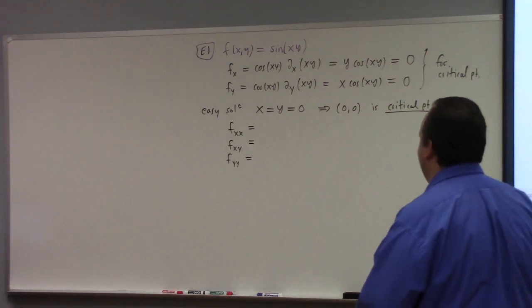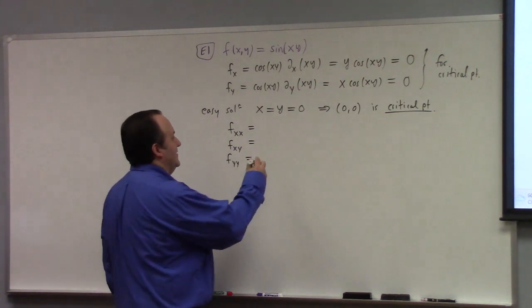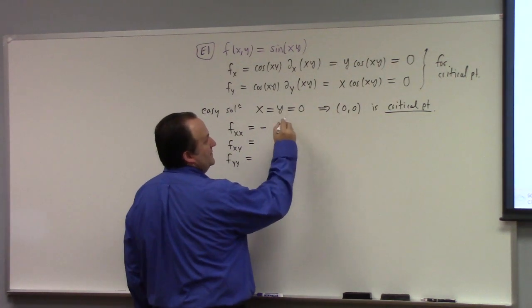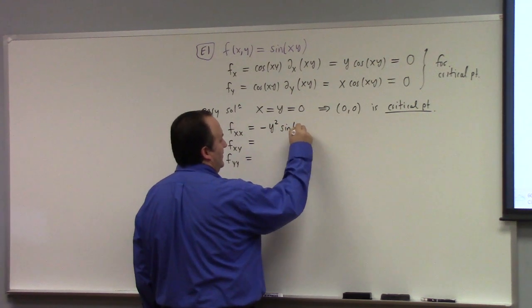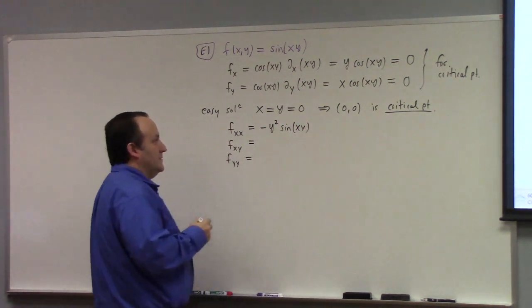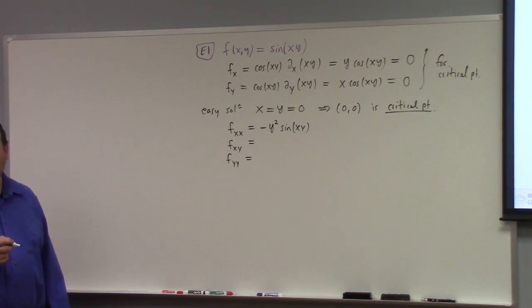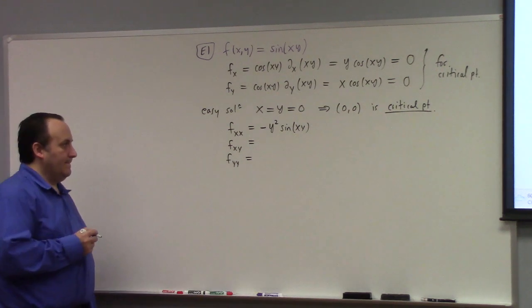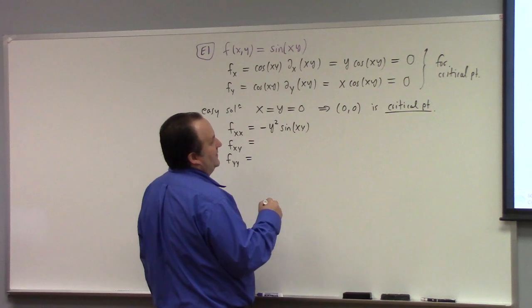All right, so the x derivative would be minus y squared sine of xy. Why do I have a y squared there? Right. Chain rule gives me a second y. How about fxy?